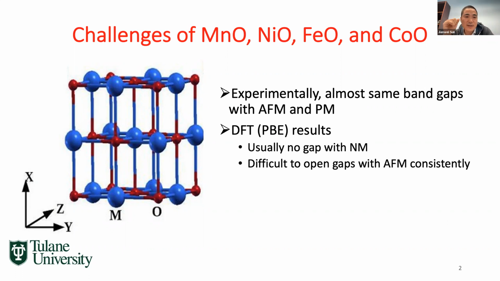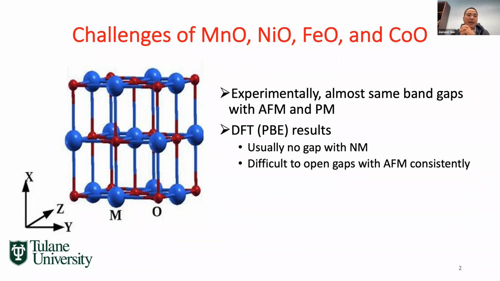In DFT calculations, usually you cannot open a gap if you set the system to be non-magnetic. Non-magnetic and paramagnetic are not the same, but people usually use non-magnetic in DFT modeling for paramagnetic. The major difference is the local magnetic moments.